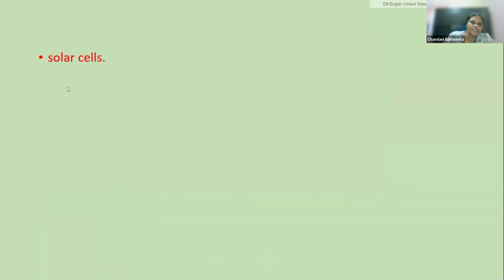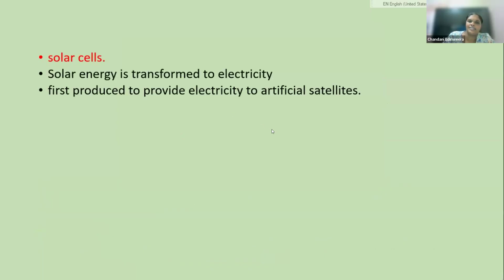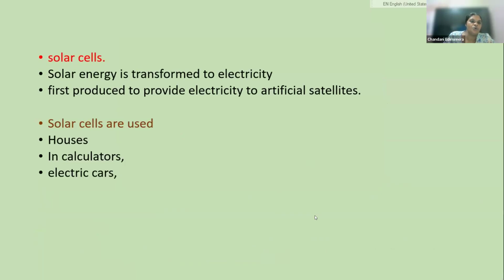Then the solar cell. You know that the sun sends light rays, and these light rays can be converted into electricity by using solar cells, right? In the very beginning, solar cells were created to get electricity for artificial satellites. But nowadays, we are using solar cells to get electricity for houses.